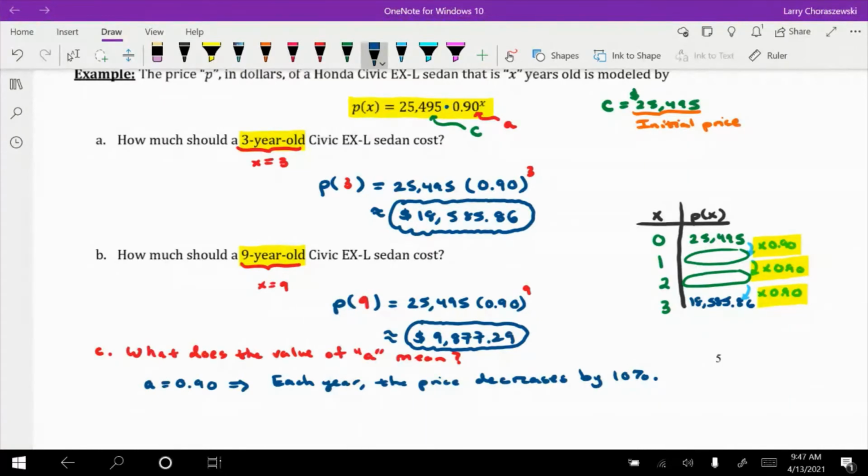That's a little too wordy for me, so I would say each year the price decreases by 10%. I know, right? Imagine having to say that over and over.